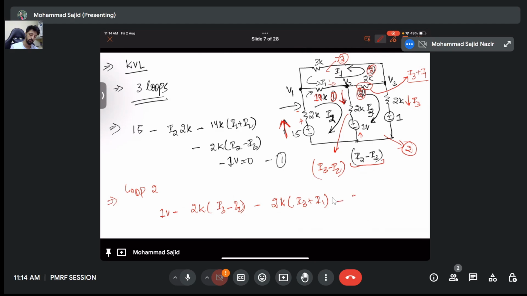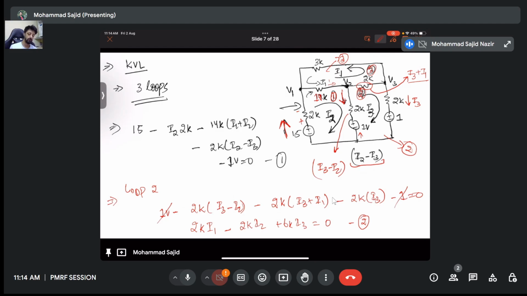So this will be minus 2K times I3 and minus 1 volt equal to 0, 1 and 1 will go. It will be simply 2K times I1 minus 2K times I2, 6 times 6K times I2. So this will be equation number 2. Similarly, you can write equation number 3 by using loop 3 and then solve the equations.